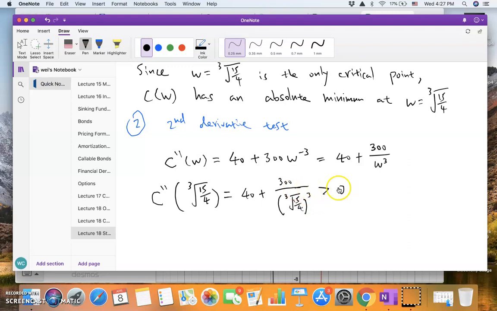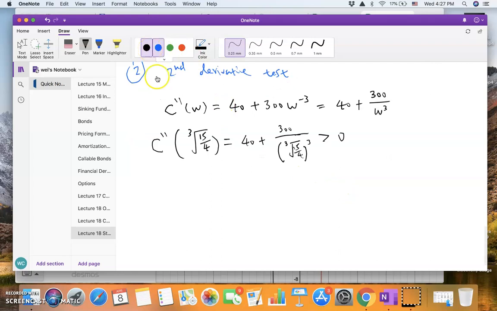This means the function is concave up at this critical point. So if the function is concave upward, the graph is going to be like this. And since at this point the first derivative is 0, we have a horizontal tangent line.